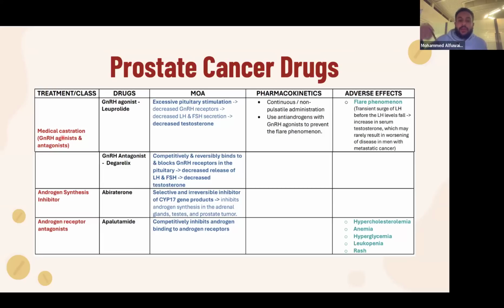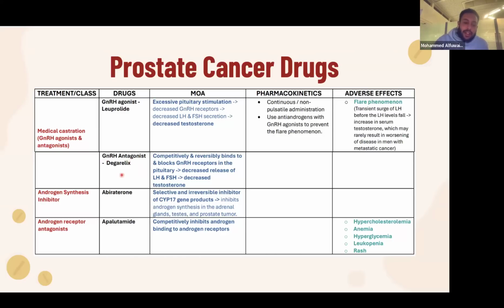Less. Will testosterone be secreted? Less. So that's why we give it continuously. If you give leuprolide or a GnRH agonist continuously, this will downregulate the receptors later on and cause a negative feedback. Then you have an antagonist, which blocks it, and that's it.